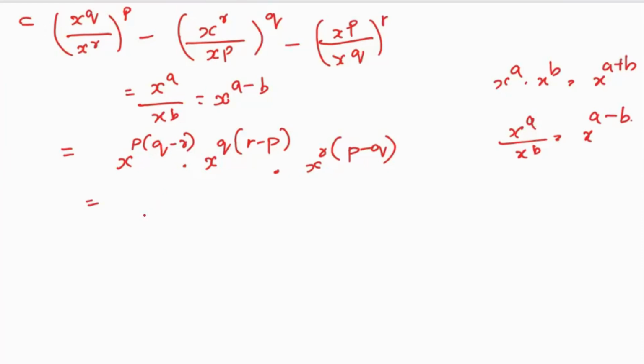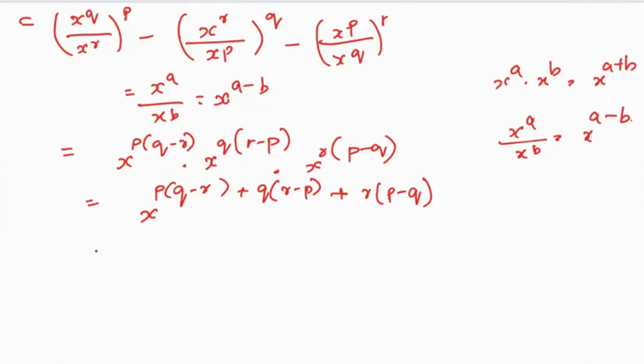So we can combine here, all are x. We can combine the terms p into q minus r plus q into r minus p plus r into p minus q. So we can combine all these terms because here it is multiplication. Okay, so x raised to a into x raised to b is x raised to a plus b.